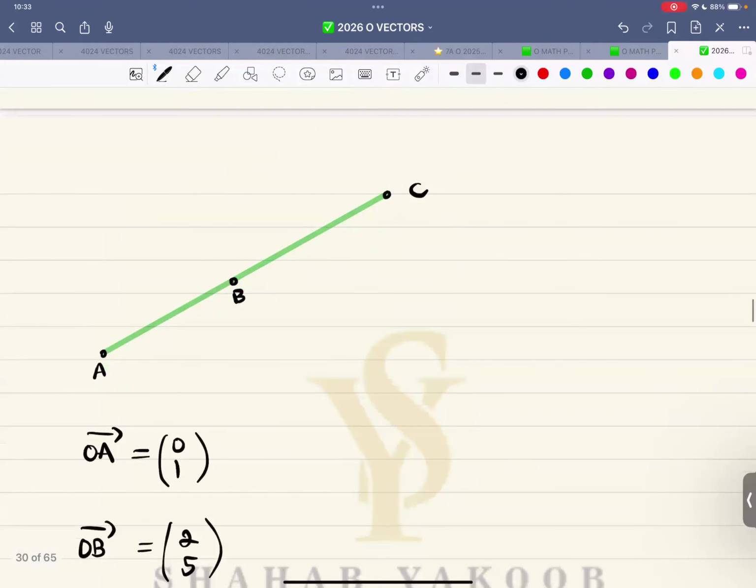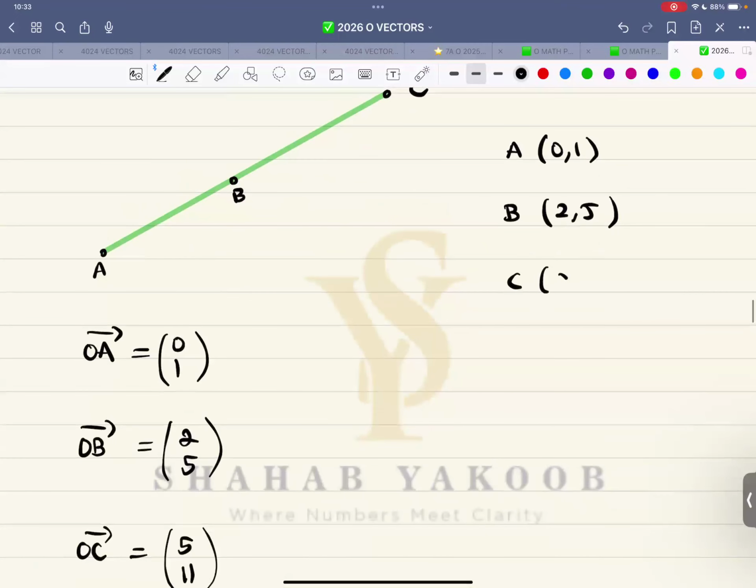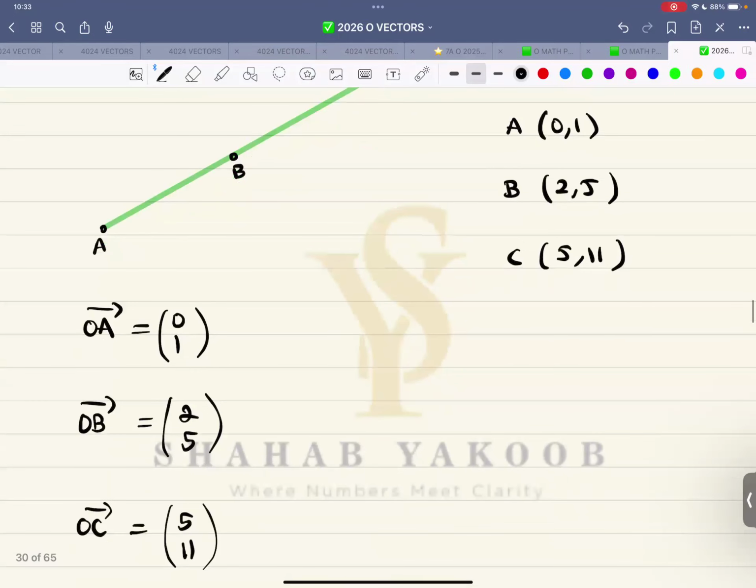Now, first of all, let me talk about it in terms of coordinate geometry. A is (0, 1), B is (2, 5), C is (5, 11). Let me calculate the gradient of AB. That is (1 minus 5) over (0 minus 2), that is -4 over -2, that is +2. Let me calculate the gradient of BC.